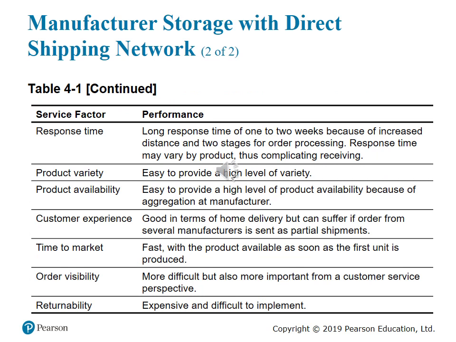Part also of the characteristics is the response time. So how responsive is the company to customer requests? Long response time of 1 to 2 weeks sometimes, because of increased distance and 2 stages for order processing. For example, take the car dealers.